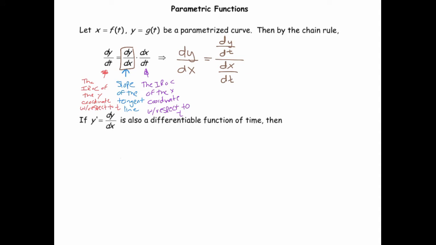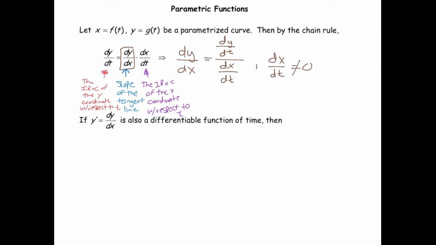Now of course this is only true if dx dt is not equal to 0, because if it's equal to 0, then what you have is a 0 in the denominator of this expression. If you think about what that means too, if dx dt is ever 0, that means that your x-coordinate of the curve was not moving at a certain instant, or was paused for an instant.